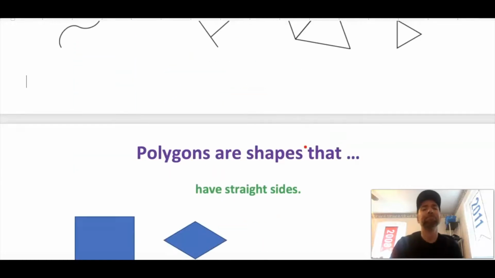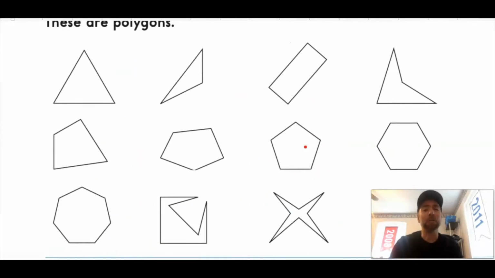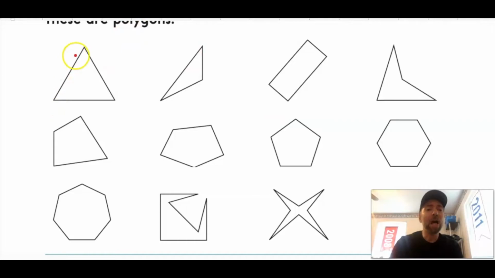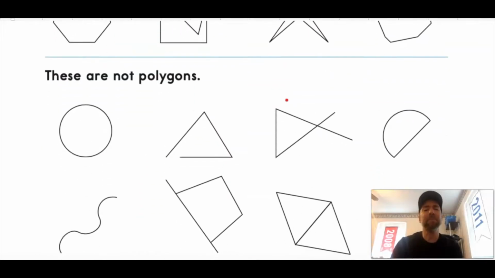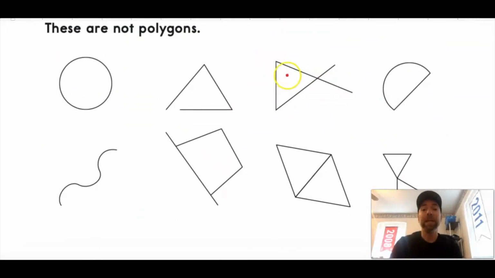Let's see. These are our polygons, and the lines don't cross. They meet at what we call a corner. So every corner, these polygons have straight lines that meet, and they never cross each other. Now let's see some of these. Oh, here is a shape, but the sides cross.